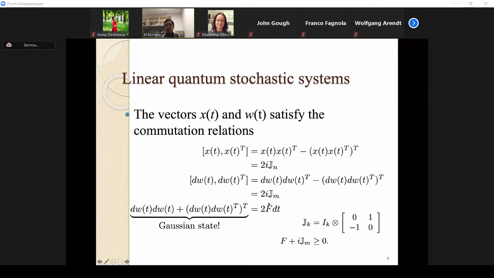This matrix F is basically the covariance matrix for this operator when we take it to be a Gaussian state. So this F is a real symmetric matrix, and because of the Heisenberg uncertainty principle, it satisfies this constraint: F plus i times this matrix Jm must be positive semi-definite.